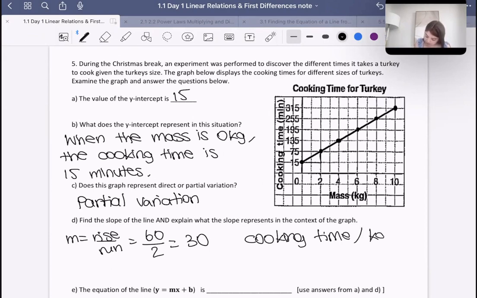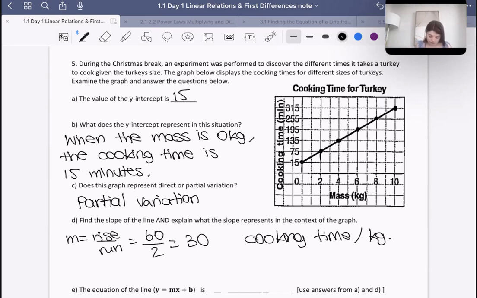So every time that we increase the kilograms by 1, every time we cook an additional kilogram, how many additional cooking time minutes do we need? And it's 30. So if we added 10 kilograms, we need 10 times 30 more minutes of cooking time. So that's what it represents in this situation.